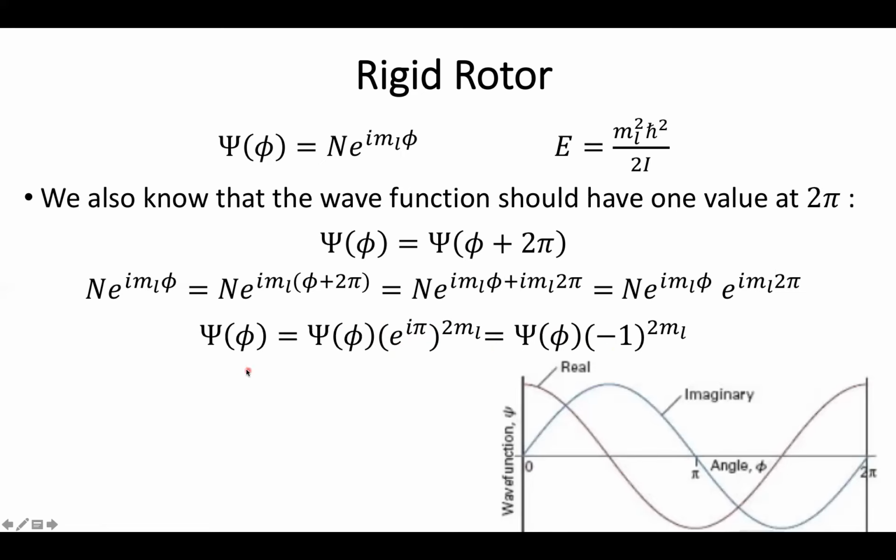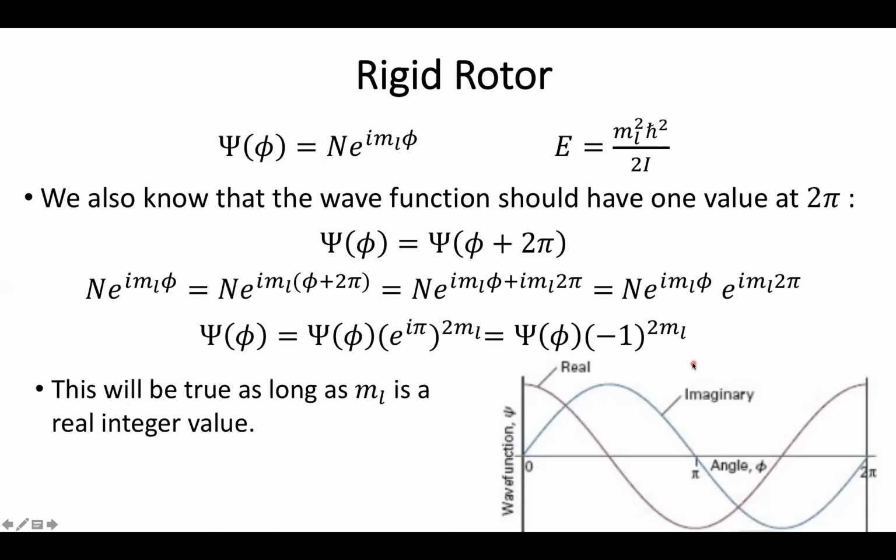So by applying the boundary condition, I have my wave function equal to itself times -1 to the power of twice the rotational quantum number. Now, this is going to be a little bit pesky, because I can only have this equation be true for certain values of m sub l.